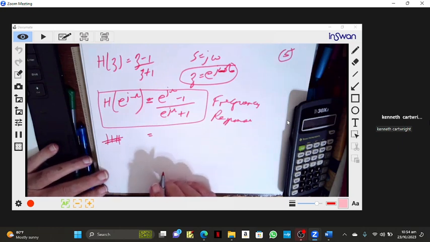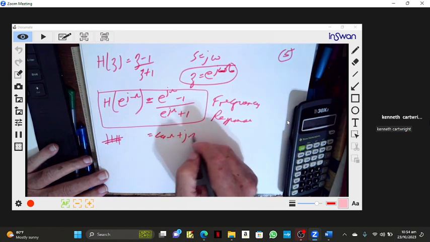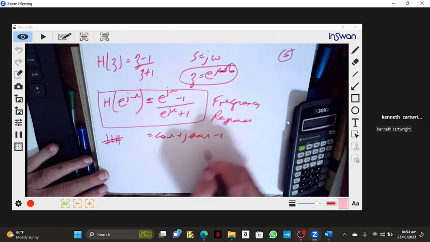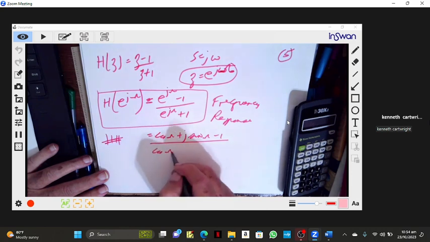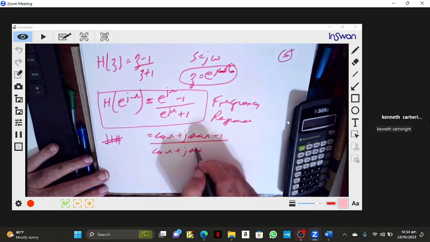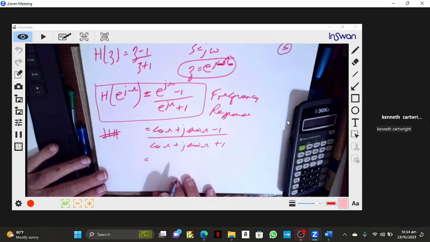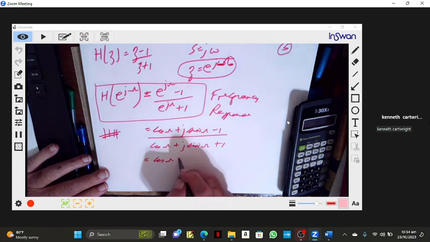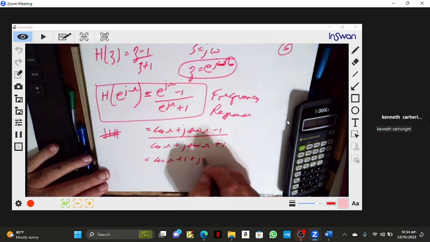The identity is e to the j omega is cosine omega plus j sine omega. So that's what the top becomes: cosine omega plus j sine omega minus 1. So the real part becomes cosine omega minus 1, plus j sine omega.